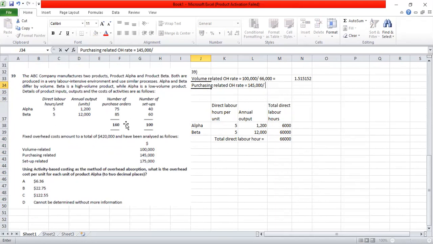The number of purchase orders total is 160. Do you see that here? 160. So divided by 160 gives us the overhead rate for purchasing related costs. The third one is setup related.